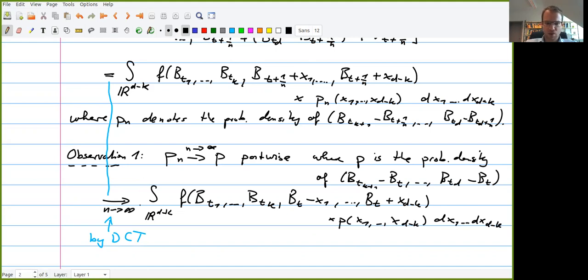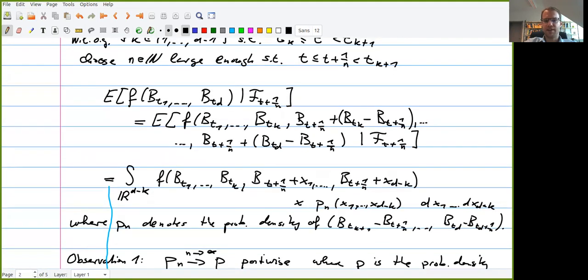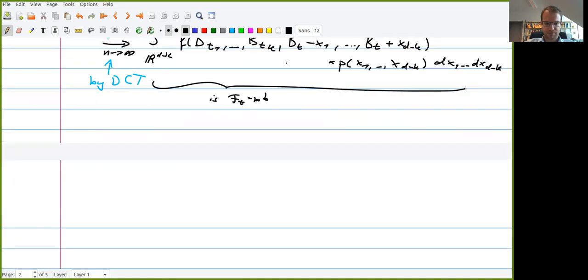The good thing is that I know that this here is F_t measurable. This means the limiting object, if I send n to infinity, of the conditional expectation conditioned on F_{t+1/n}, is F_t measurable. The question is, what is it? And this brings us to our second observation.